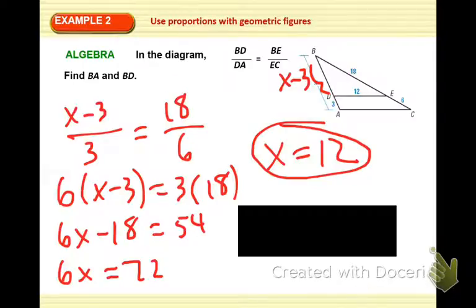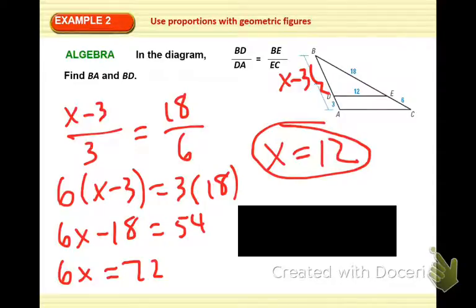Any questions? Okay. So the answer is not 12. What do I need to do to find BD? X is 12. The answer is x minus 3, right?